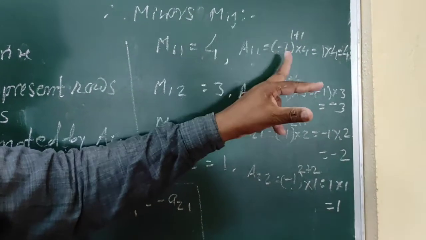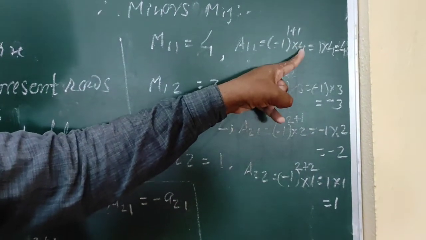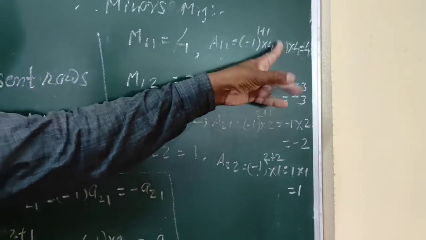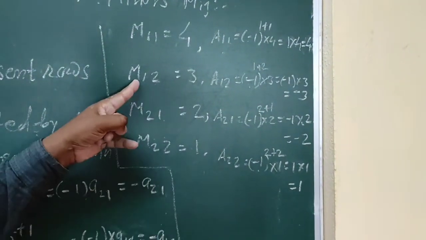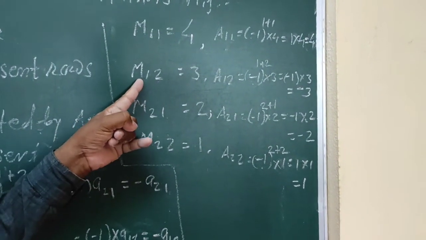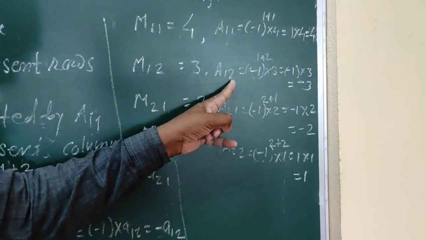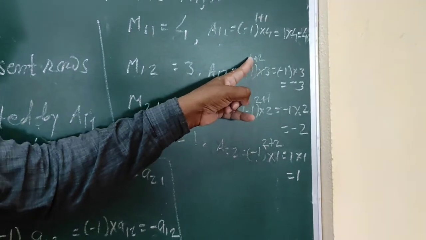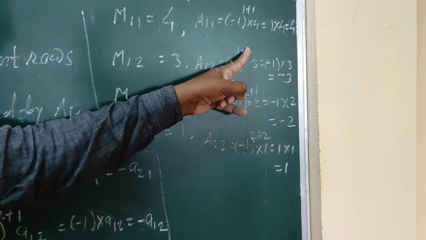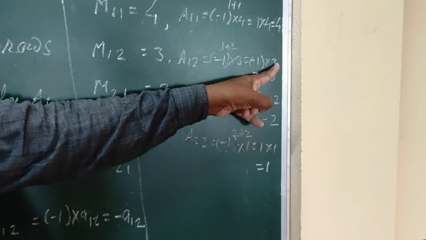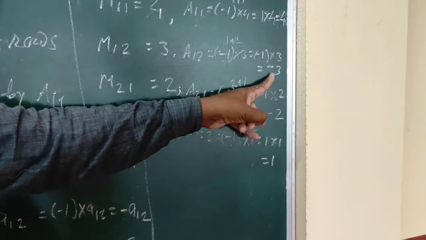Minus 1 raised to the power 2 is 1, and 1 into the minor 4 is 4. So this is the corresponding cofactor. Then the cofactor of the next minor is A12, and it is minus 1 raised to the power 1 plus 2, that is 3, and minus 1 raised to the power 3 is minus 1. Minus 1 into 3 is minus 3.